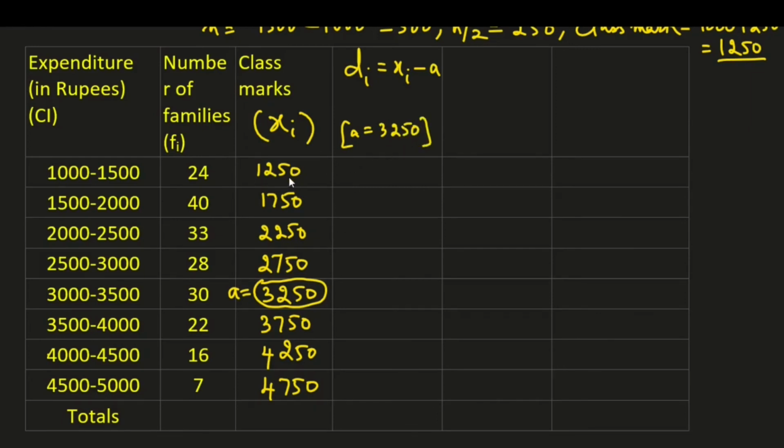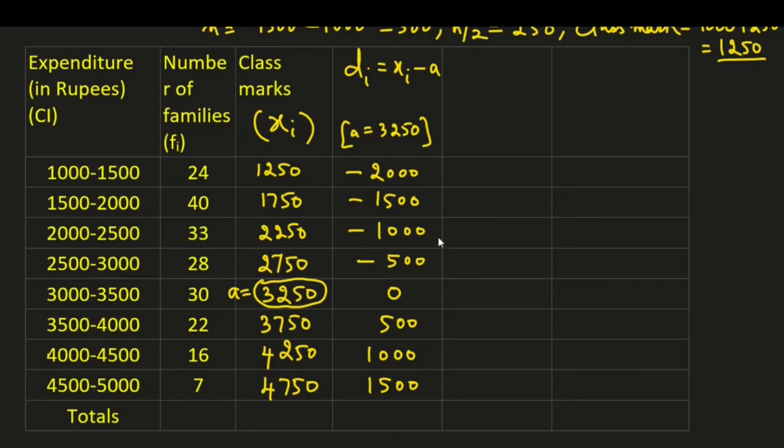Now 1250 minus 3250 is minus 2000. 1750 minus 3250, here we get minus 1500. Here we get minus 1000. Here minus 500. 0, then 500, 1000, 1500.